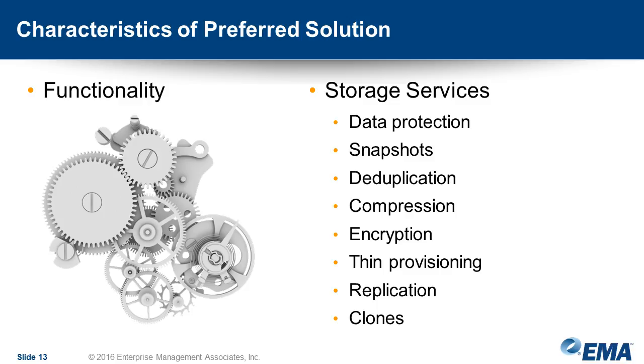Thin provisioning, it's another data efficiency, or I should say capacity efficiency capability. The ability to provision storage to users, but only consume the amount of capacity that's actually written on the device.